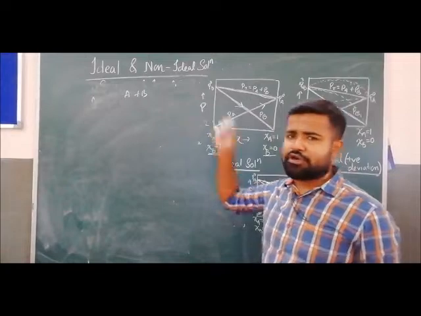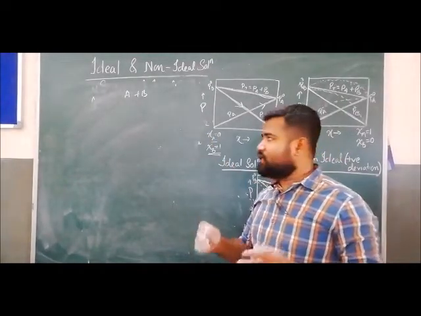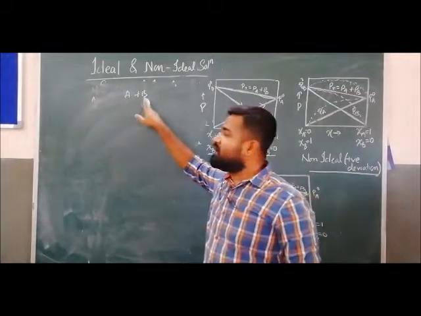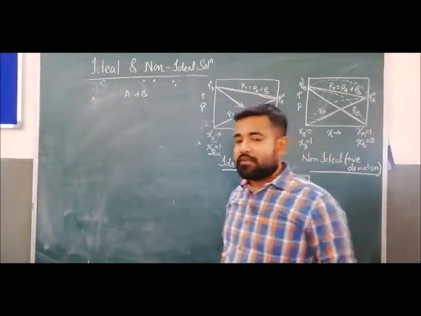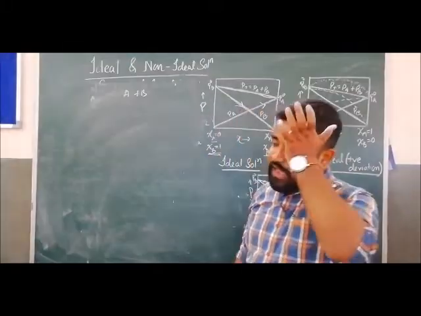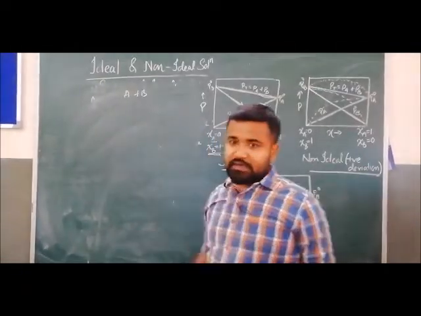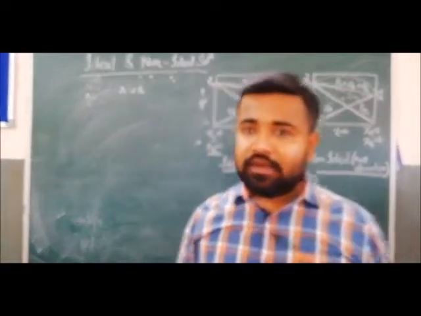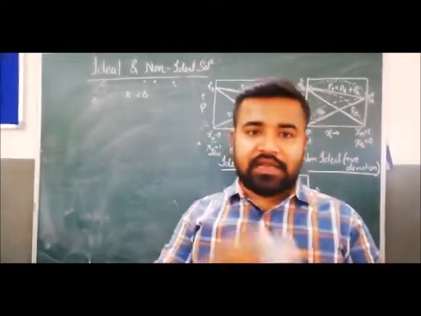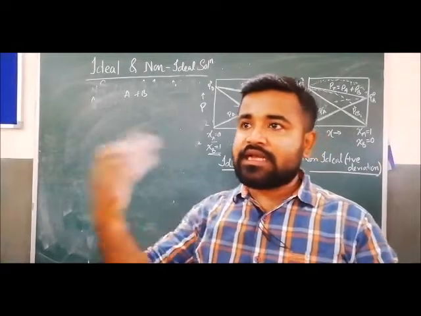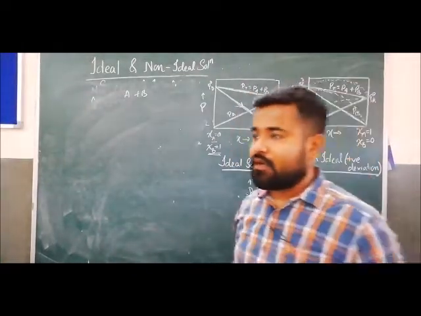But when there is an azeotrope, what happens? We cannot separate A and B by fractional distillation. Why? Because in case of azeotrope, in the liquid phase they have a constant composition, and in the gaseous phase also they have the same constant composition.